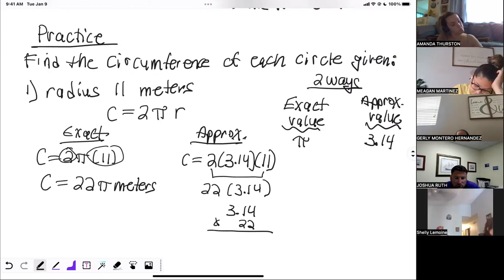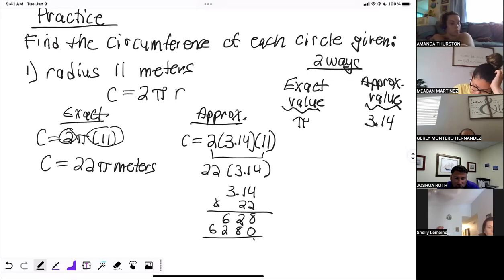Does that make sense? I don't know. All right, so here we go. 4 times 2 is 8. 2 times 1 is 2. 3 times 2 is 6. A 0 for my tenths. 2 times 4 is 8. 2 times 1 is 2. 3 times 2 is 6. I'm going to add down, and then I have to move my decimal place. So 8, 10, 6, 7, 8, 9, and 6.